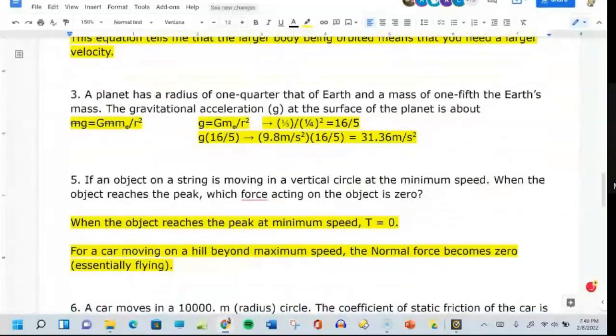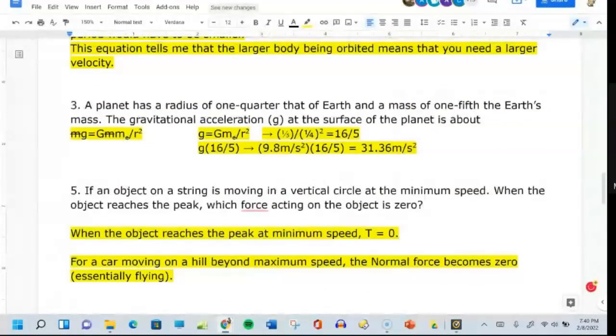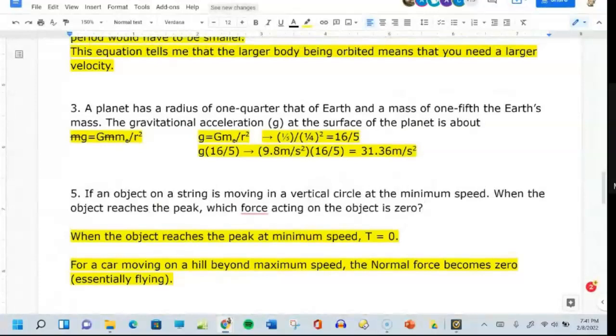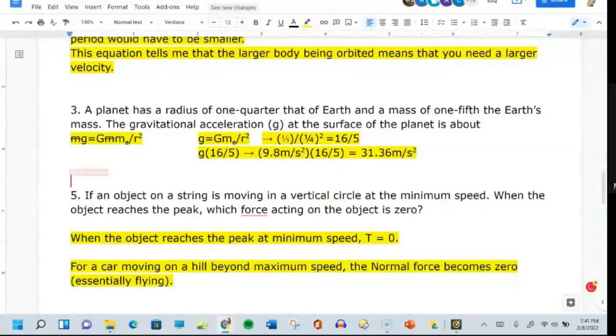All right, this is a bunch of problems that are very close to a problem like this. A planet has a radius of 1/4 of the Earth and a mass that's 1/5 of the Earth's mass. What about the gravitational acceleration g? You take this original equation and cross out the little m's, and you're still left with the mass of the Earth. Now you substitute the changes on the right.